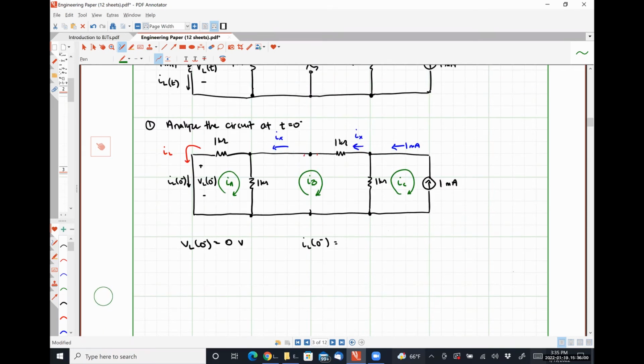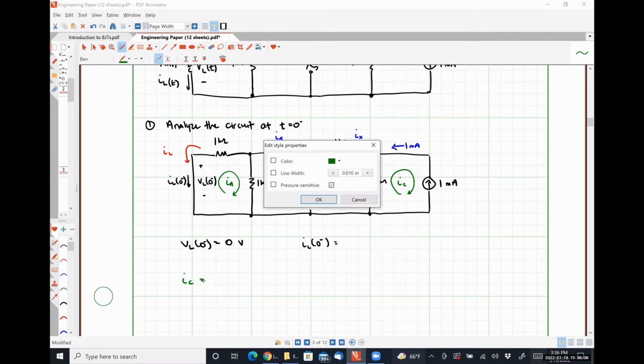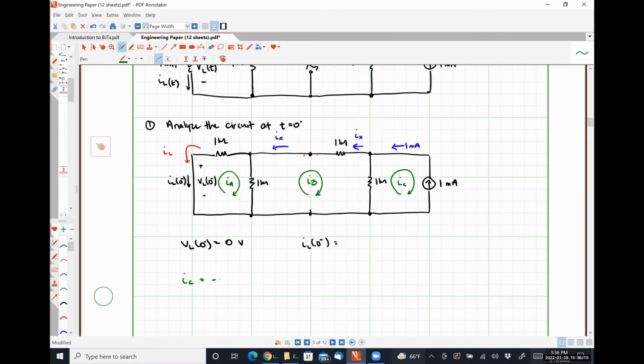So we can see right off the bat that IC is equal to -1 milliamp. Everybody okay with that?